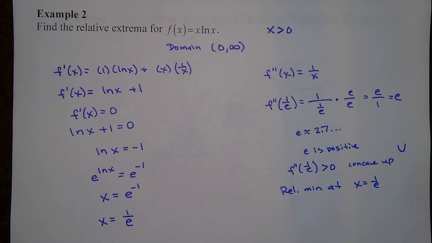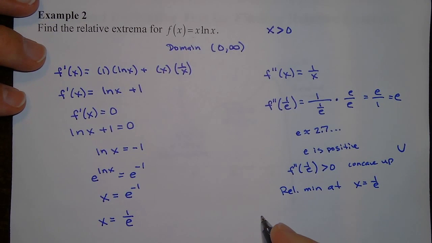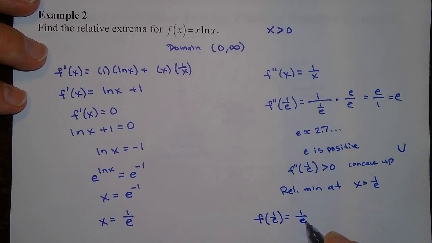So now what we need to do is find the actual value. So f of, and we're finding it at 1 over e, so that would be 1 over e times the natural log of 1 over e. Well, if we have natural log, we want to write this as e to a power, and we can.